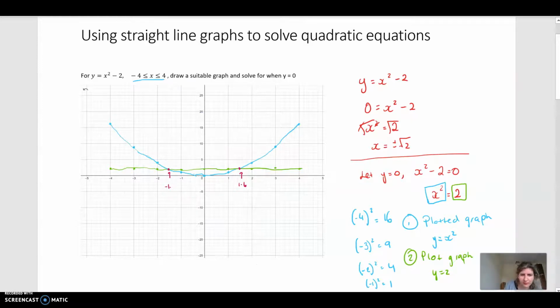Actually, I'll change that, because I think it's more like 1.5 on my graph, so it's about negative 1.5 and positive 1.5, around about.